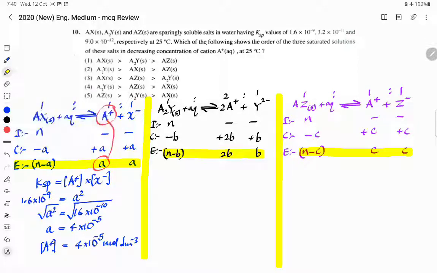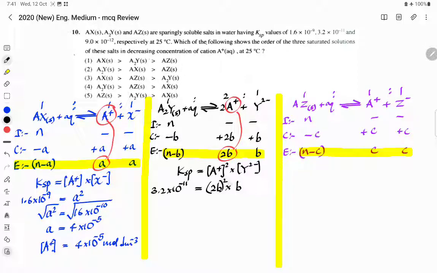Okay, let's go for the second compound. Ksp equals [A+] squared into [Y2-]. The Ksp value is 3.2 × 10^-11 equals 2b, since the A+ concentration at equilibrium is 2b, and the Y2- concentration is b.